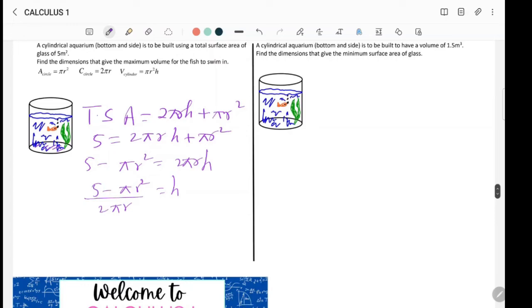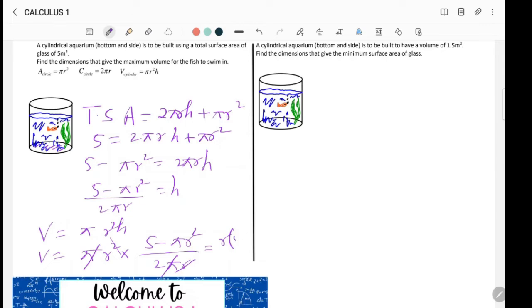We got height. And volume is pi r square h. Pi r square, and h is 5 minus pi r square over 2 pi r. Pi and pi we can cancel, one r we can cancel. So we are left with r times 5 minus pi r square over 2.